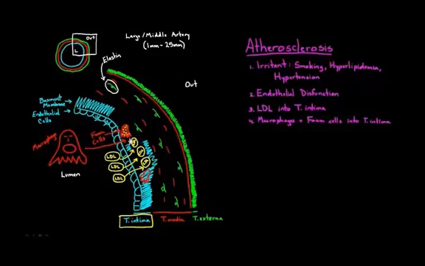Let me erase this, clean this up a little bit because it's getting quite messy. I think you'd agree it needs a little cleaning up. Let me erase all this stuff on the outside. We know that LDL was in the blood, but it went into the intima. We know that. So now you have basically this LDL, all these little molecules of LDL start merging into literally a lake.